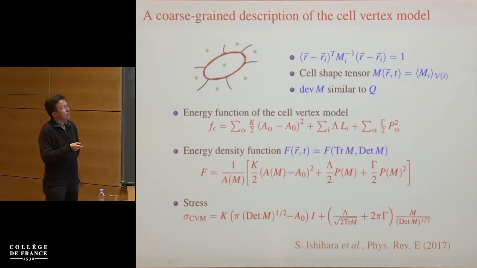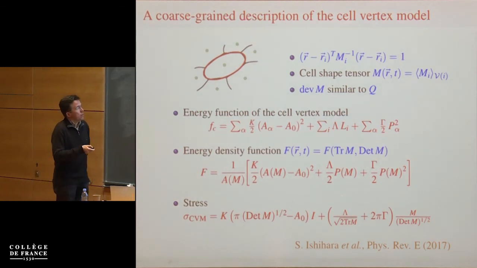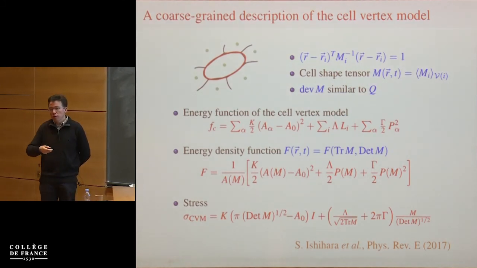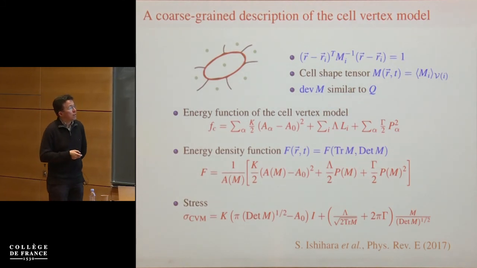And from this energy density function, we can obtain an expression of the stress as a function of the parameters, the coarse grain K, lambda, and gamma, and the reference area A0, and the cell-shaped tensor M through its invariants in 2D, the determinant and the trace. And as announced, we find here among the parameters a coarse grain version of the cell junction tensions that are of interest.